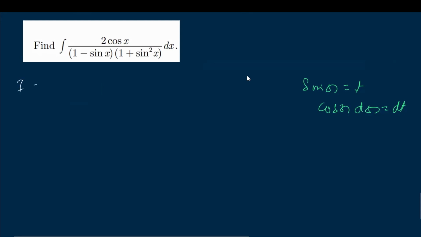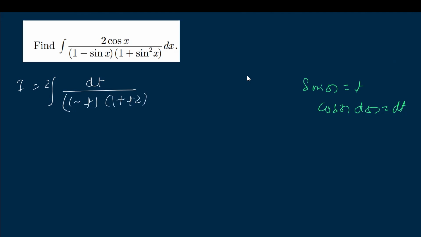So I is equal to integration, 2 should be outside, and this will be dt over 1 minus t multiplied by 1 plus t square. I should write dt over here, right?